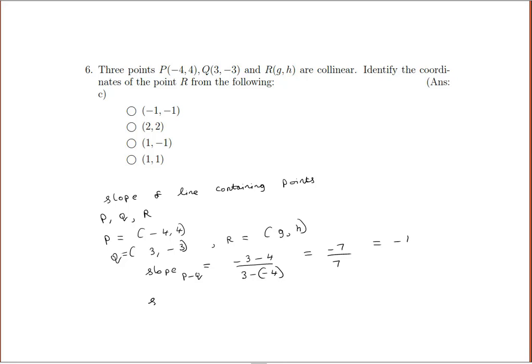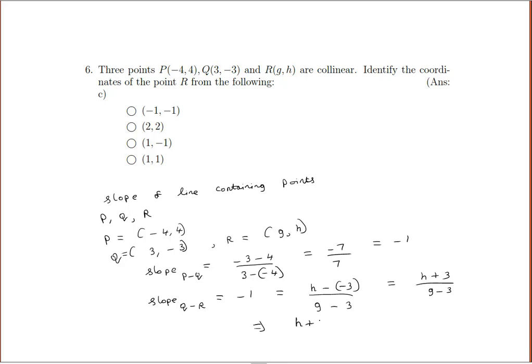So the slope calculated using the points Q and R must also be the same, which is minus 1, which can be written as H minus the y coordinate of Q, which is minus 3, and G minus the x coordinate of Q, which is 3, which will be H plus 3 by G minus 3 is equal to minus 1.